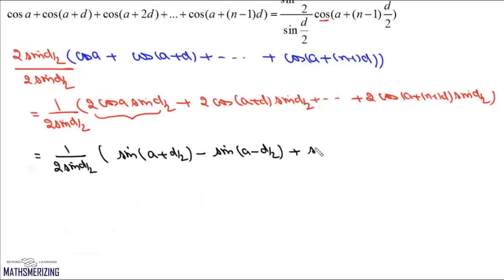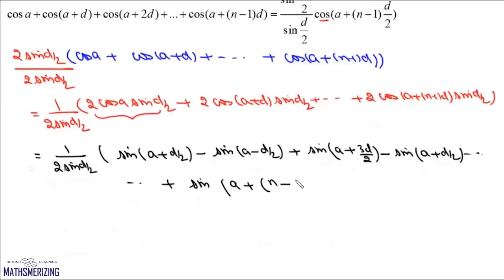Second one will be sin(A+3D/2) minus sin(A+D/2), and this series will continue, and finally we'll get sin(A+(n−1)D/2) minus sin(A+(n−3)D/2).